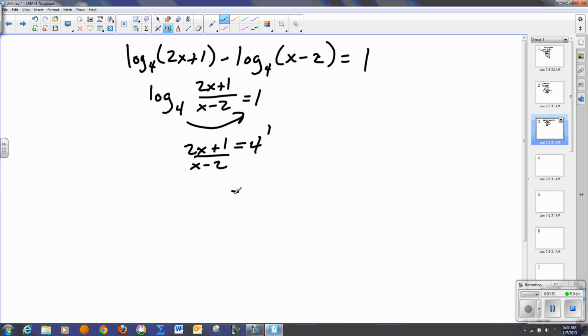Multiply by x minus 2 to both sides gives me 4x minus 8 is equal to 2x plus 1. 2x equals 9. Therefore, 9/2 is equal to x.